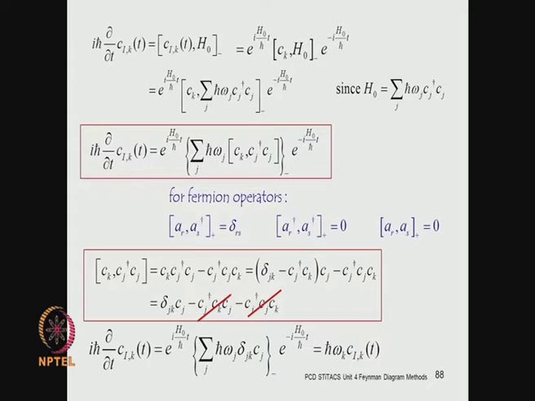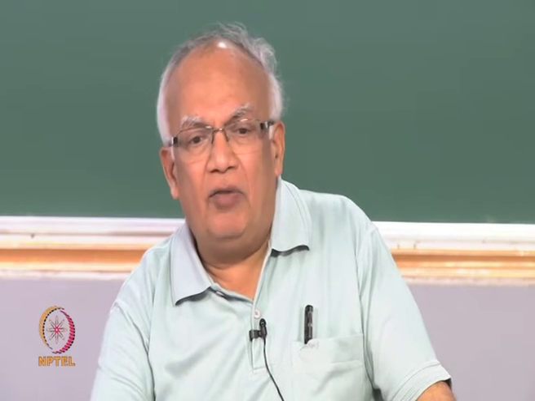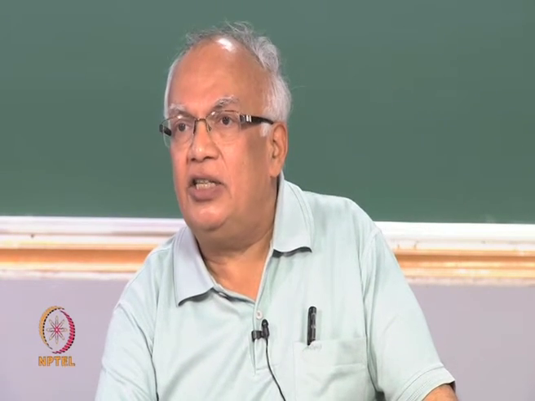Whenever you have any physical quantity whose time derivative is proportional to the actual amount of that quantity, the solution involves an exponential function. That is the solution that you expect, and that is precisely what you get. So, the destruction operator at time t is related to the destruction operator in the Schrodinger picture by this exponential law, as one would expect in any similar situation.